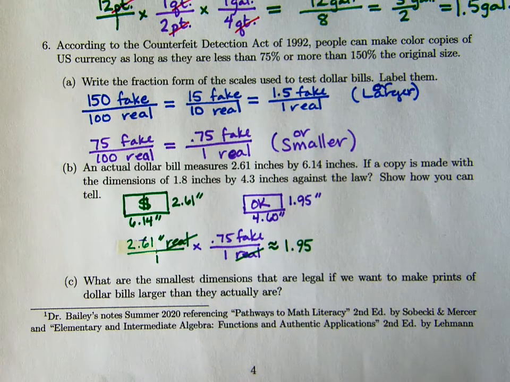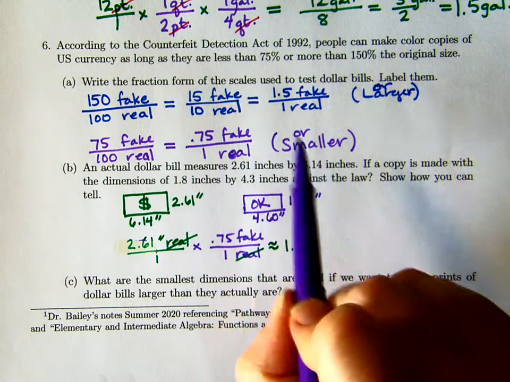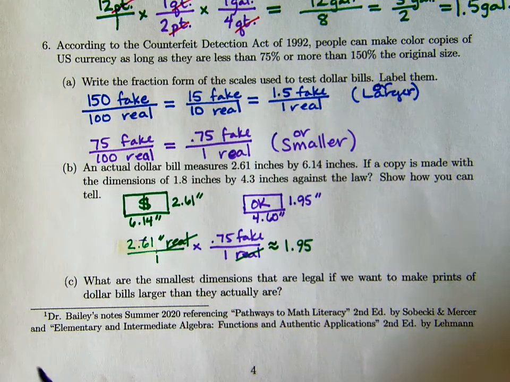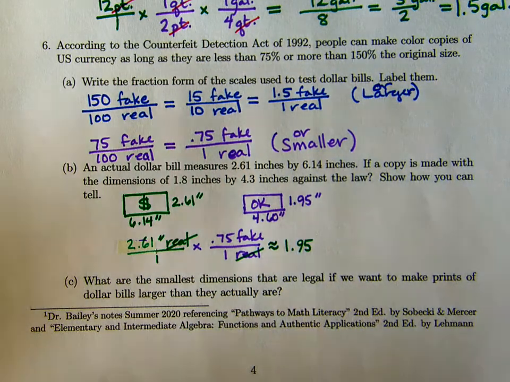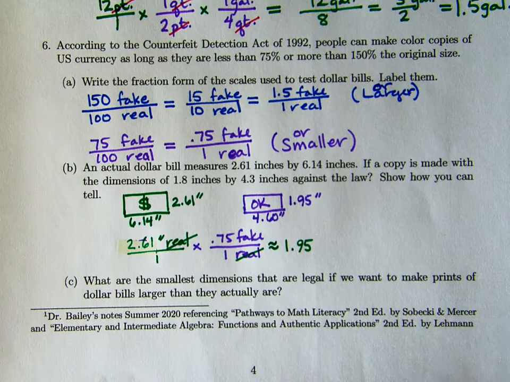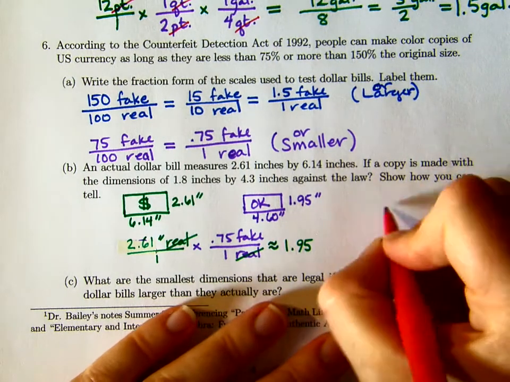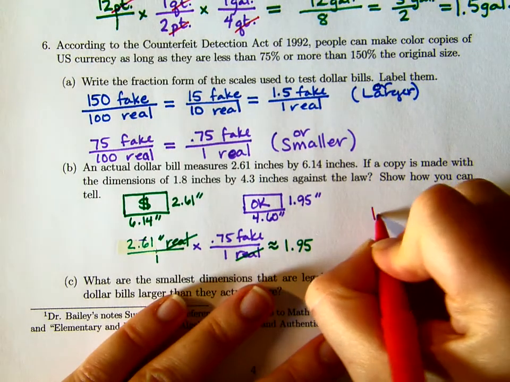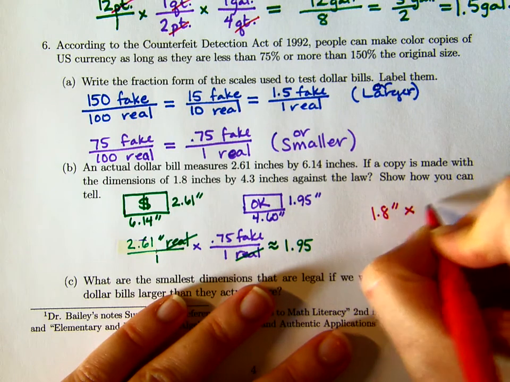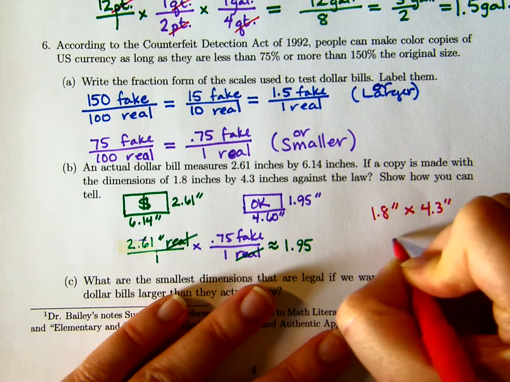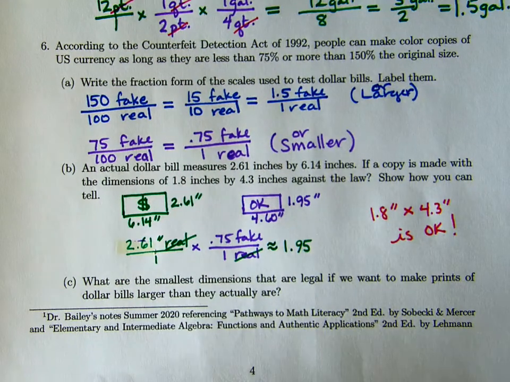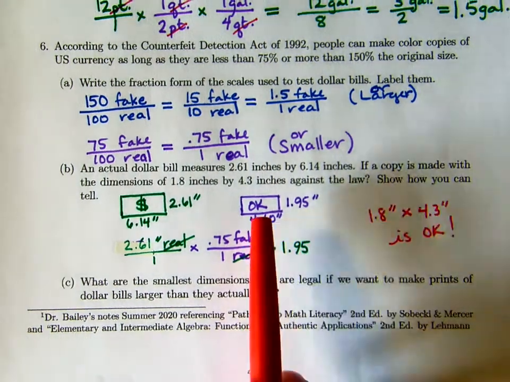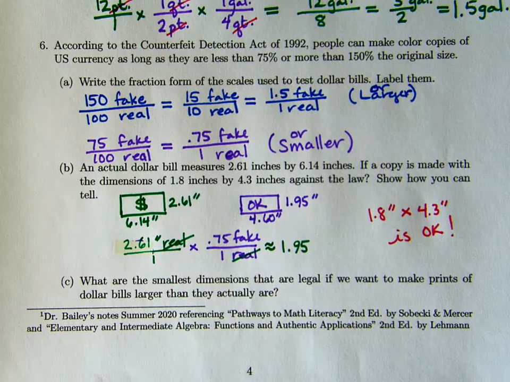It is not against the law because the fake one is or smaller. So 1.8 inches by 4.3 inches is okay. Show how you can tell. Well, it's smaller than the one that is an okay fit.